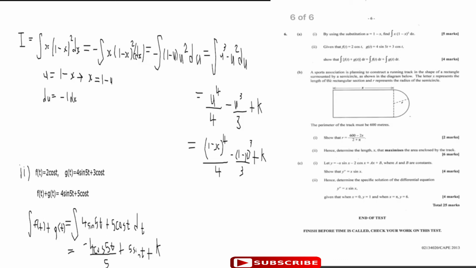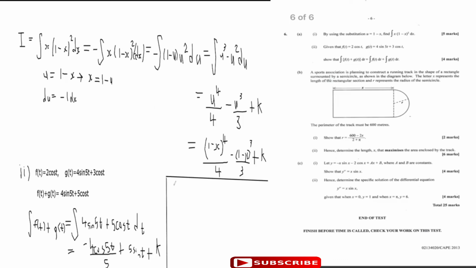Now let's work out what is the integral of f of t, and then work out the integral of g of t. I'm going to do that part in red.